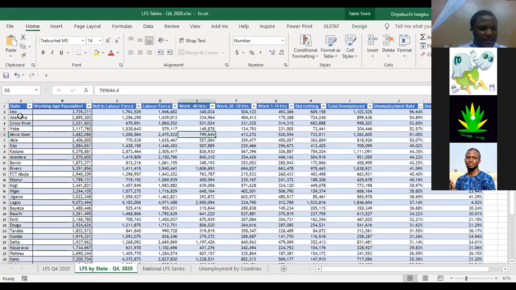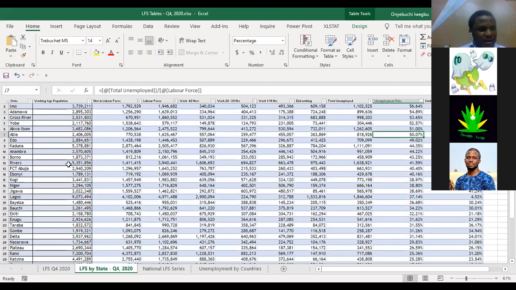So you see, in terms of unemployment, Imo has the highest level of unemployment for the fourth quarter 2020, 56.64%. Adamawa is 54%. So you can see that from Abia down to Imo, Abia, Akwa Ibom, Yobe, Cross River, Adamawa, and Imo, they all have unemployment rates that are above 50%.